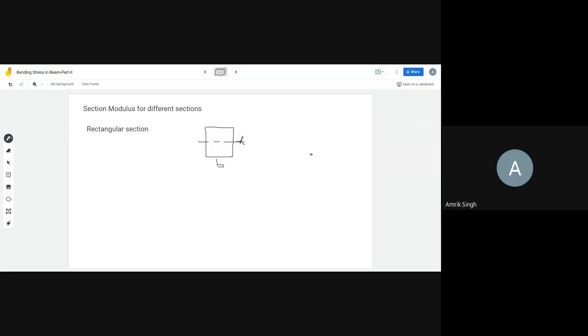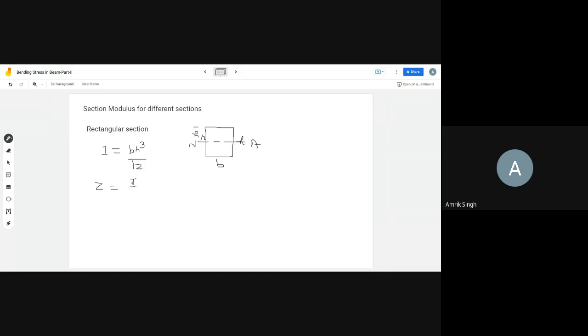So as I told on the other day, this is H by 2 and this is the neutral axis. So I for this will be equal to BH cube upon 12. So the section modulus Z is equal to I upon Y max.